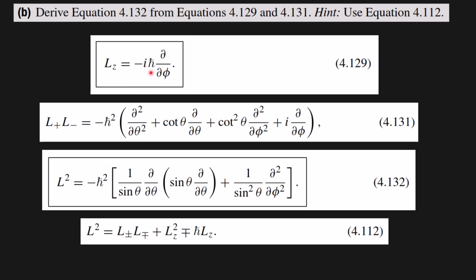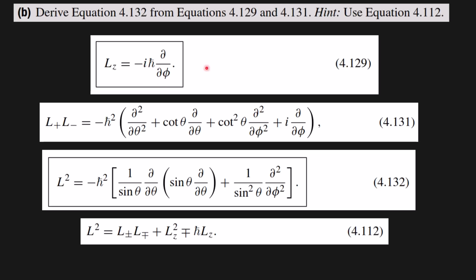That is, we have to derive equation 4.132 using the equation 4.129, that is Lz. By definition it is equal to, we know very well, minus I h cross delta over delta pi.